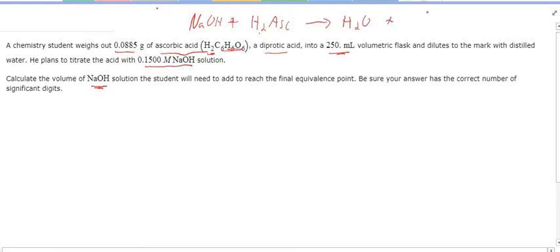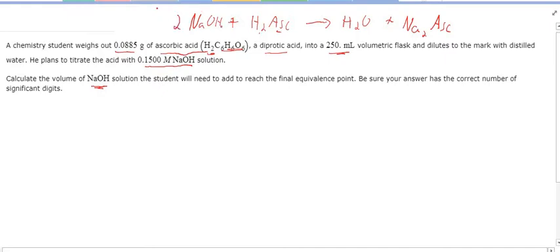plus it's going to give us the salt, which is going to be Na2 ascorbate, so sodium ascorbate here. So how do I know it's Na2? Well, because there are two protons there, this ascorbate ion has to be a -2 charge. So let's balance these things out.